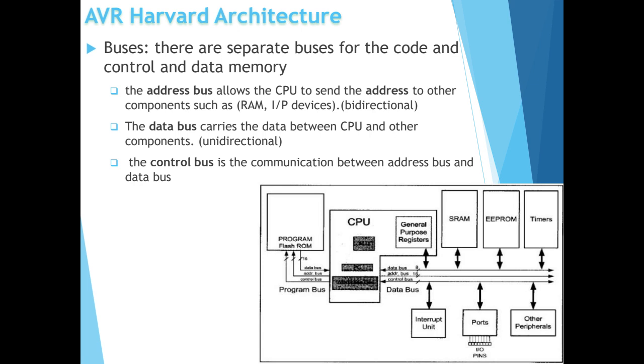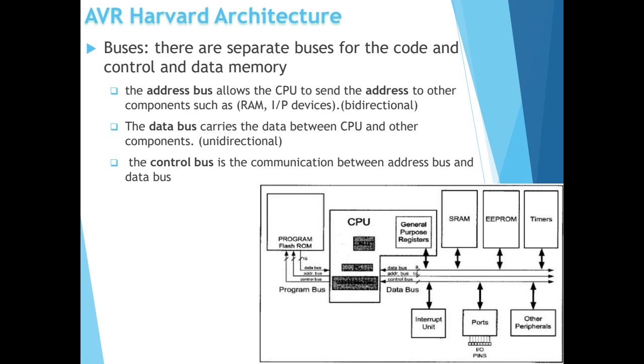So the data bus carries data, the first line, between the CPU and other components: SRAM, EEPROM, timer counter, interrupt units, input-output ports, and other peripherals which are connected to our system or are inside our microcontroller chip.